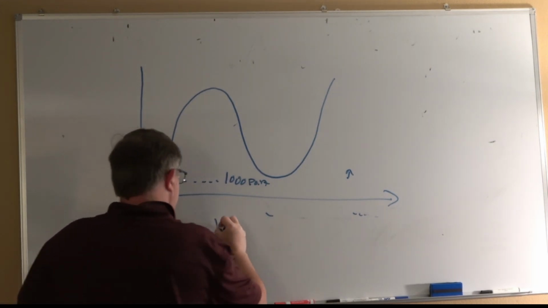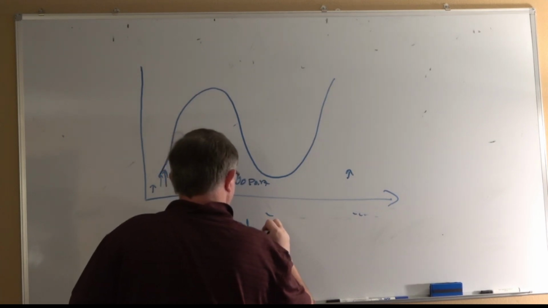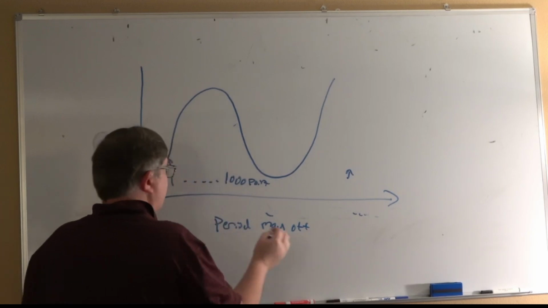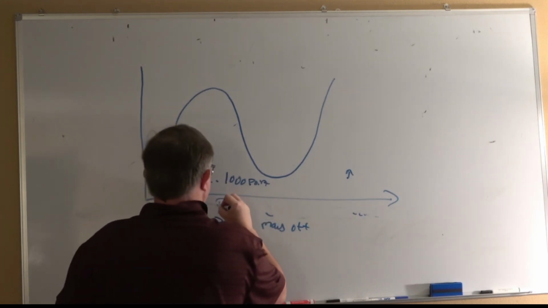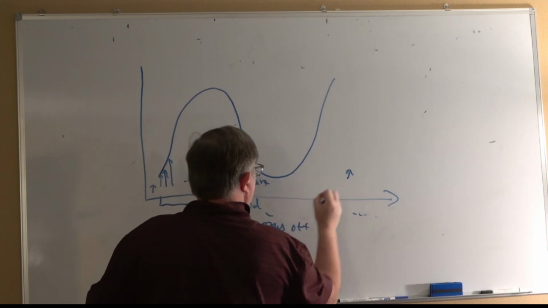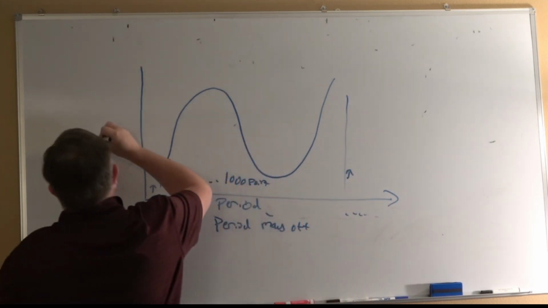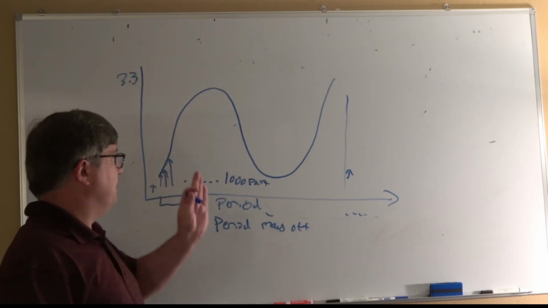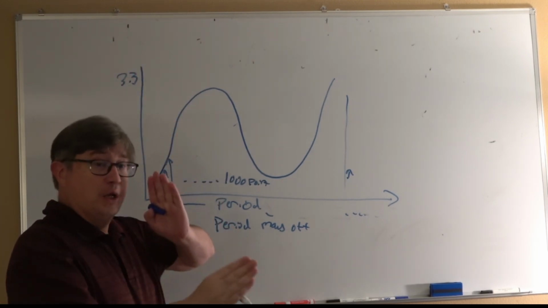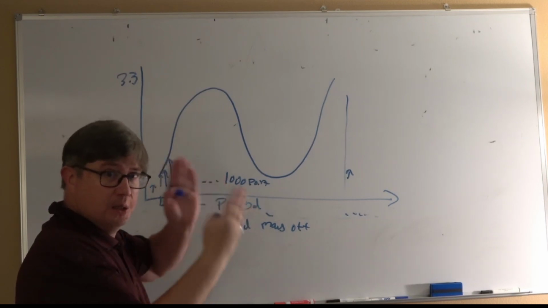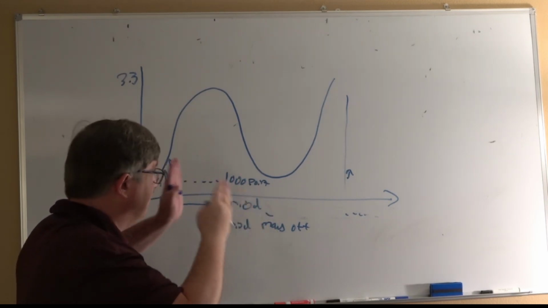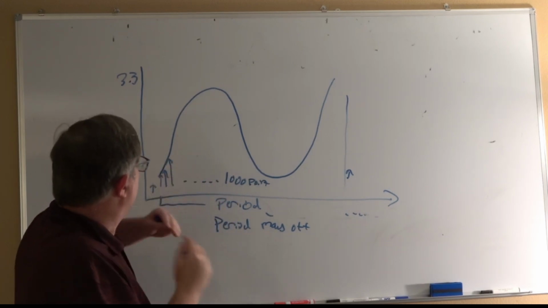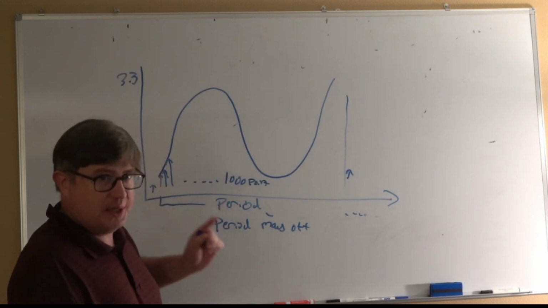Your period may be off. Remember, that's your period, from here to here. This is your voltage, 3.3 volts. It may be off because you're trying to get it tighter, but it's trying to basically go as fast as it can.